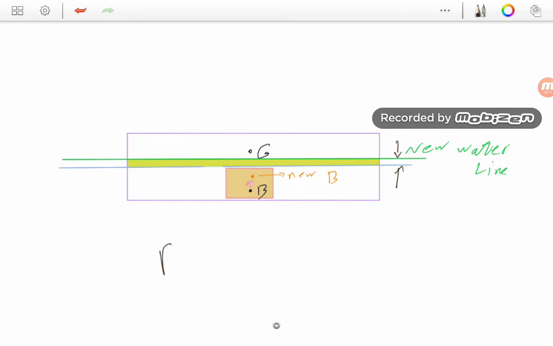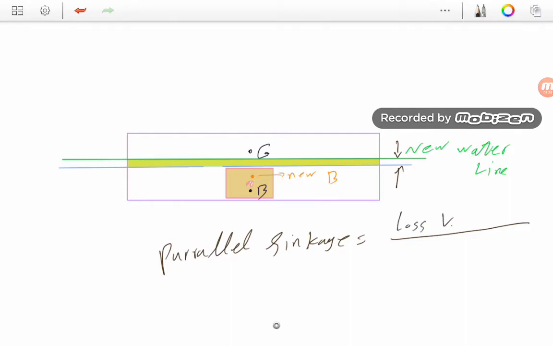We call it parallel sinkage, and it's equal to how much volume we have lost over the area of the intact water plane area. And why did this formula come from?